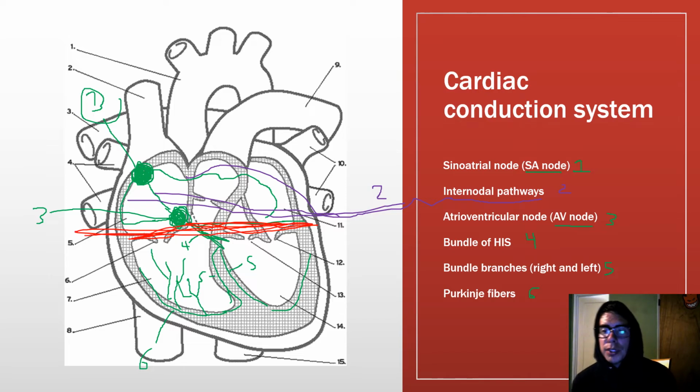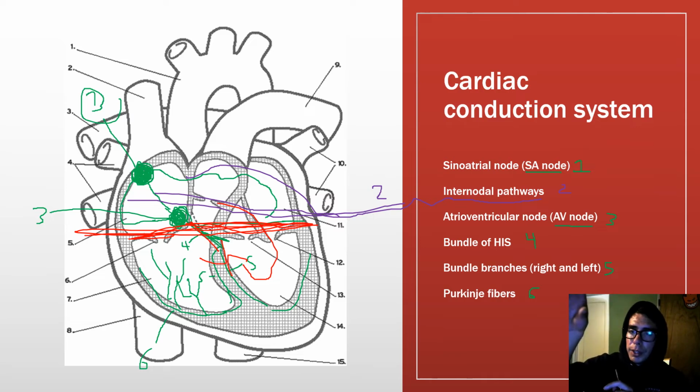So that means an impulse cannot travel through it, and that's really important for keeping an organized beating where the atria and ventricles aren't trying to beat at the same time, or there's not impulses coming from random directions, because otherwise it could come down here and up there at the same time that it's coming this way, and then it gets all disorganized. So there's a non-conductive wall there that keeps the impulses separated. It keeps anything going on in the atria going on up there, and then once it goes down to the ventricles, it's only down there, and it's not affecting the atria.